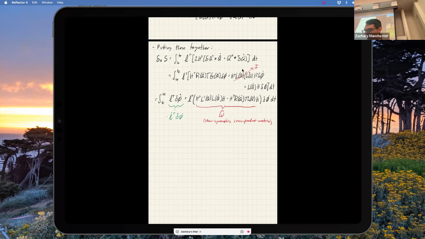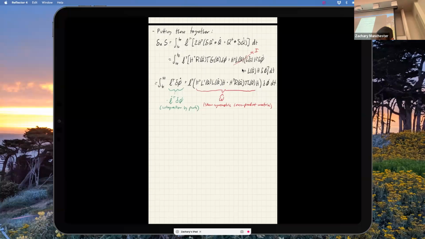So actually, let's write down. This is integration by parts. This is just expanding out that whole mess of matrix identities.